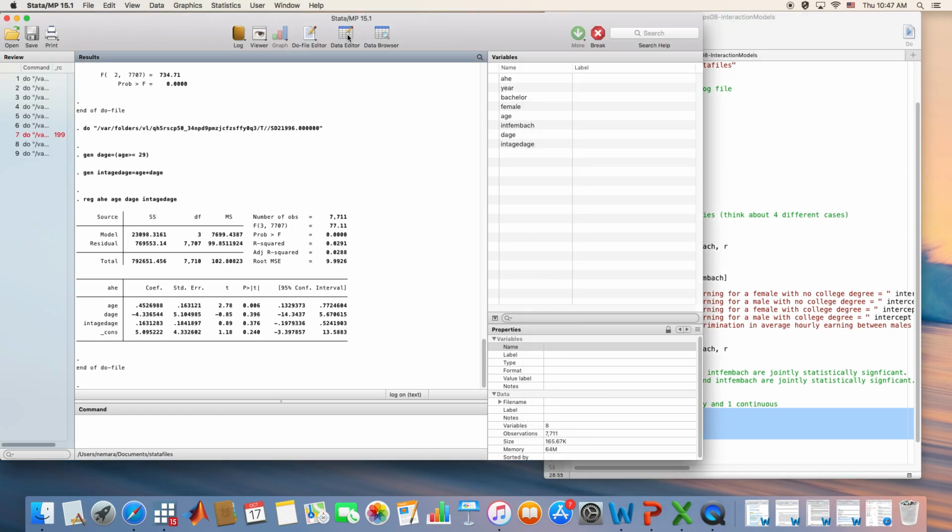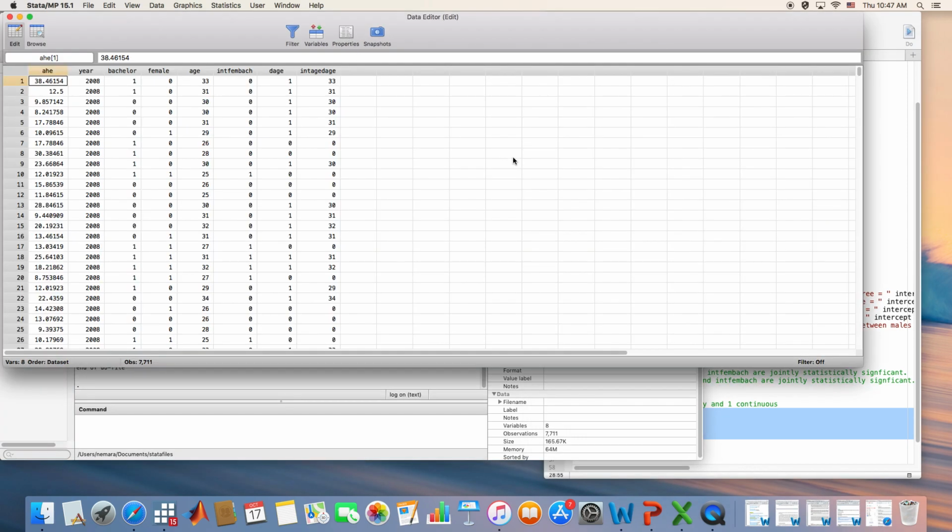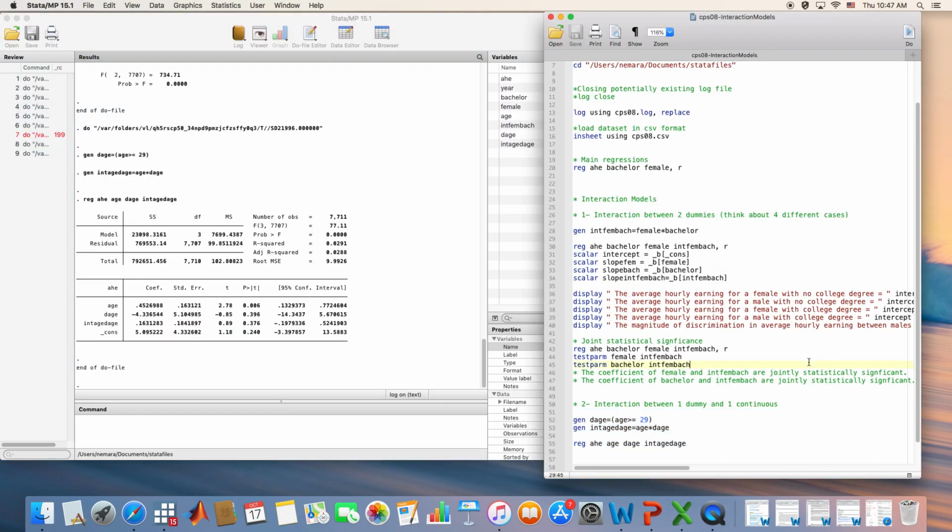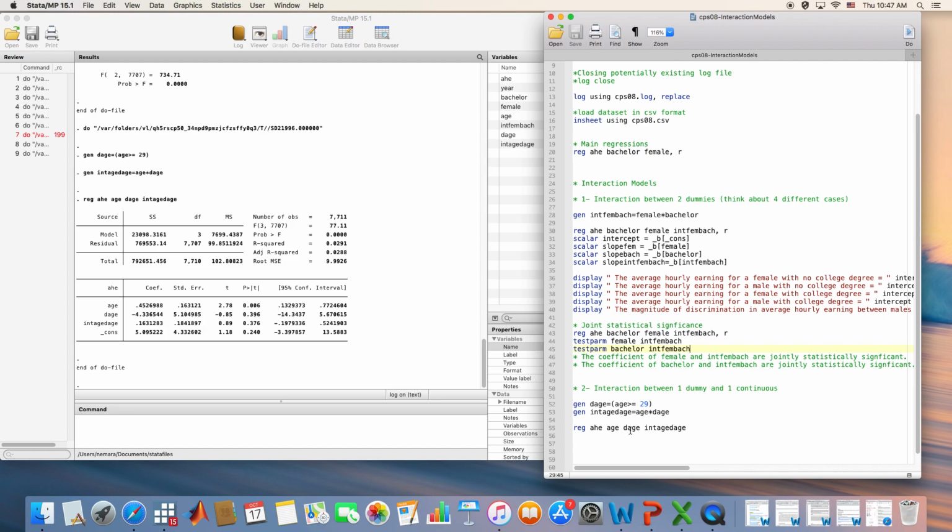When you go to the data editor, you would find a variable dh that takes 1 every time the person is above 29, and it takes 0 if the person is below 29. We're using it in this simple model to see whether being a person of age 29 or more would have an effect on average hourly earning.